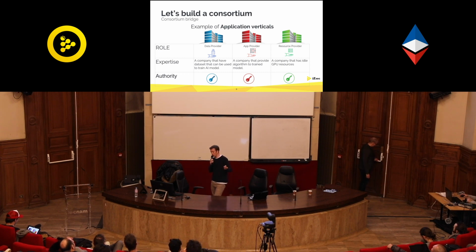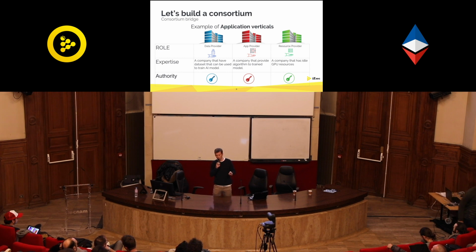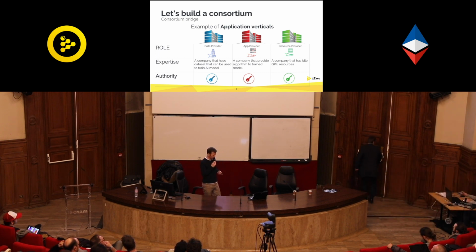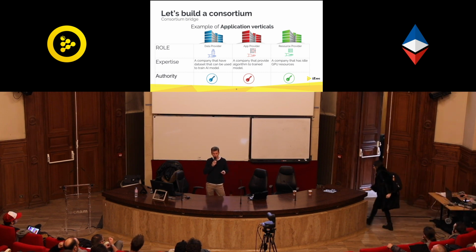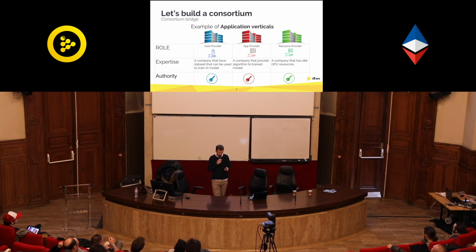And the third company can have, for instance, idle GPU resources. For instance, when proof of work is the story, maybe there is idle GPU that can be used for all those other tasks. So each company can represent an authority, and they can join together to automate their business.